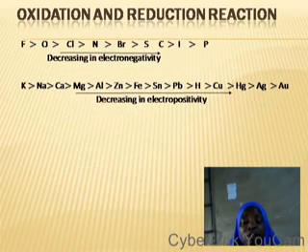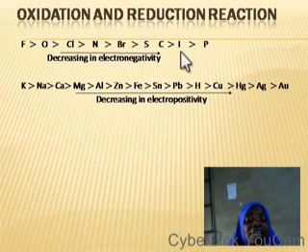So let's look at the electronegative and the electropositive elements.